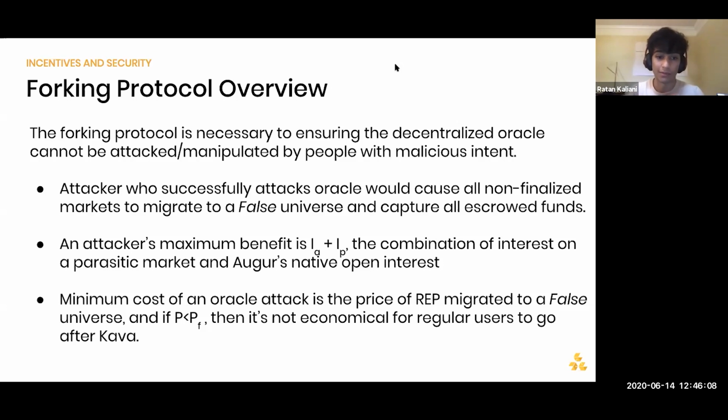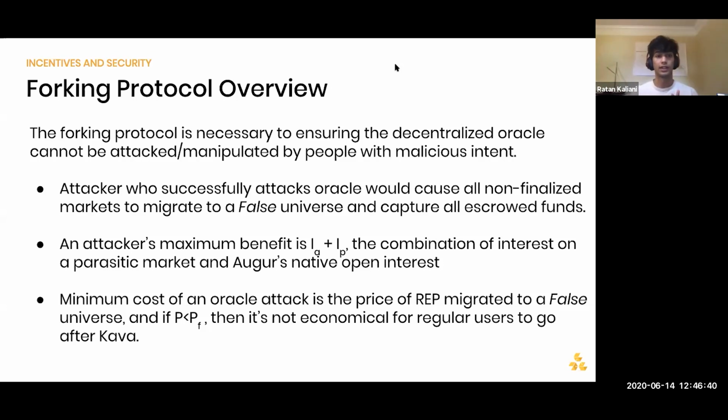An attacker's maximum benefit is the interest on the parasitic market, which is essentially a market that would be copying the outcomes from Augur's decentralized oracle without actually paying the necessary fees, and Augur's native open interest. The open interest is what we see as the interest on the reputation token, and this corresponds to the market cap of Augur. The minimum cost of an oracle attack is the price of the reputation migrated to a false universe.